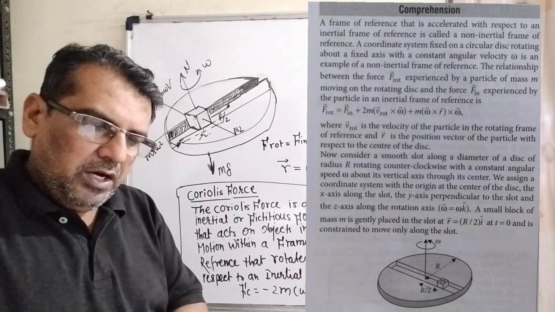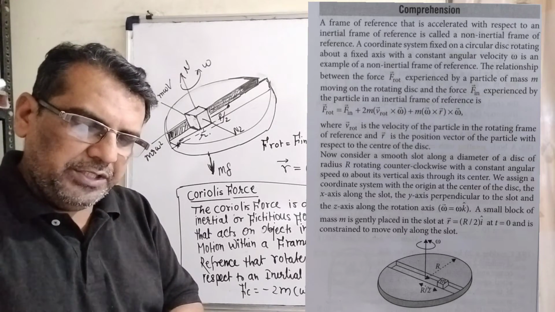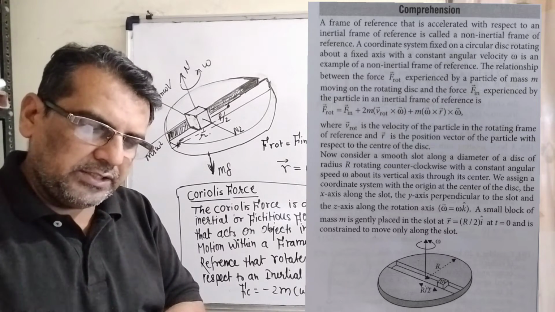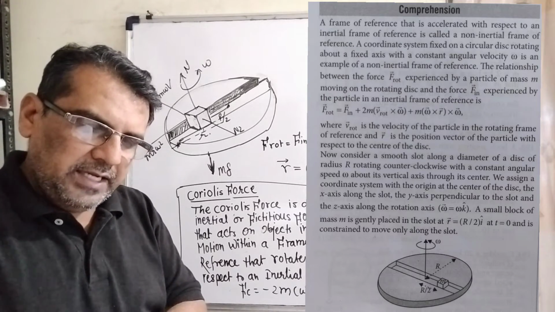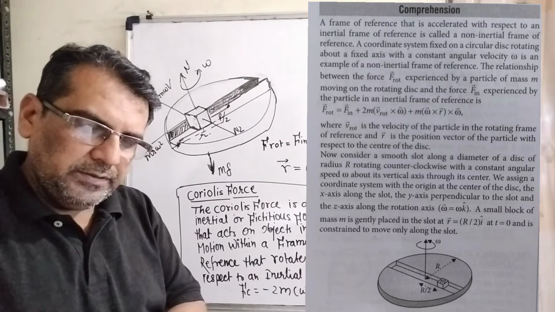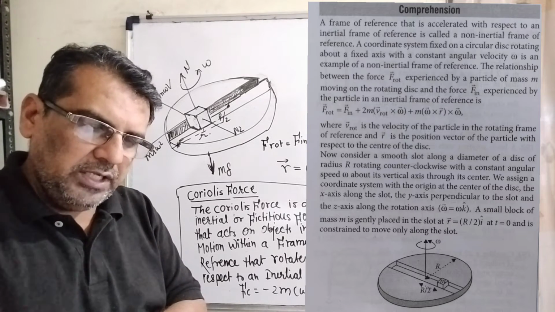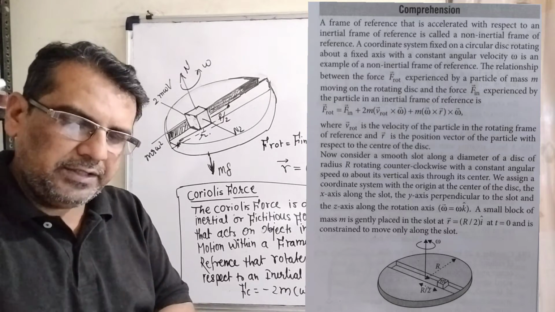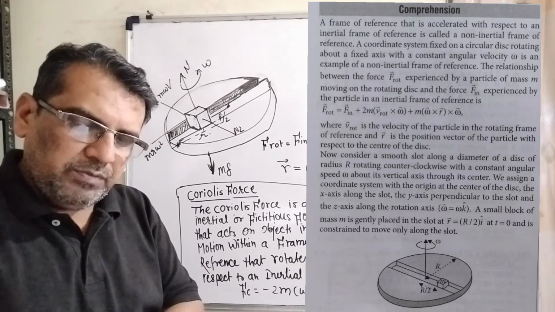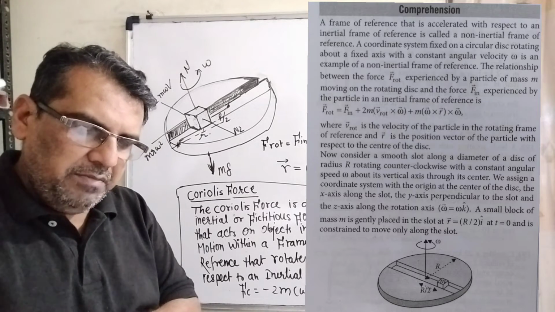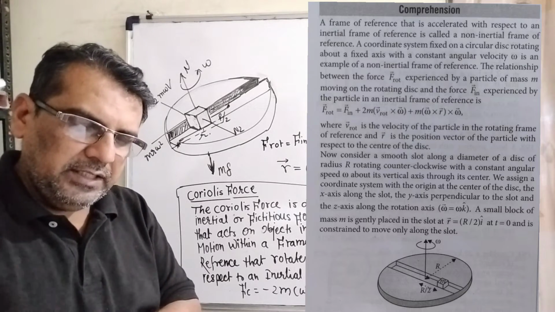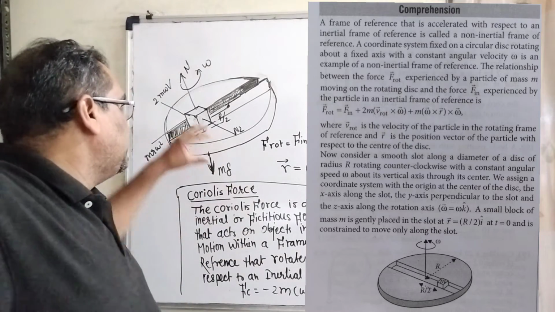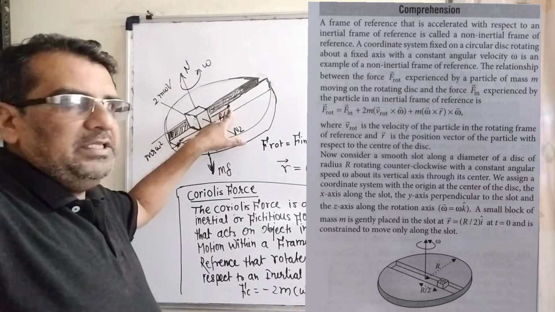We assign a coordinate system with the origin at the center of the disk, the x-axis along the slot, the y-axis perpendicular to the slot, and the z-axis along the rotational axis, omega equal to omega k cap. A small block of mass m is gently placed in the slot at r vector equal to R by 2, meaning its initial position is R by 2 from the center of this disk.